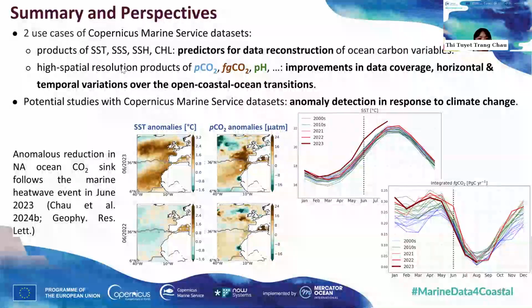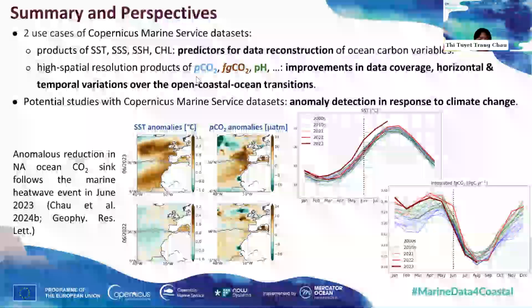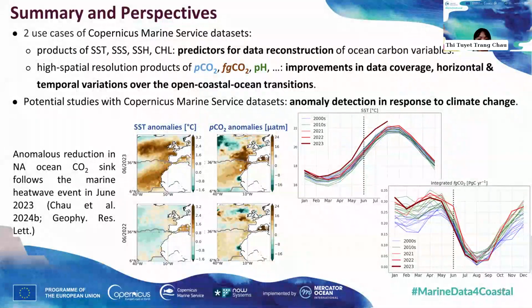And second, using the Copernicus Marine surface data set of pCO2, air-sea CO2 flux, and pH for the evaluation of spatial distribution, horizontal transition, or temporal variation, such as the trend, seasonal cycle, or interannual changes. And other potential studies include the attribution and detection of anomalies.